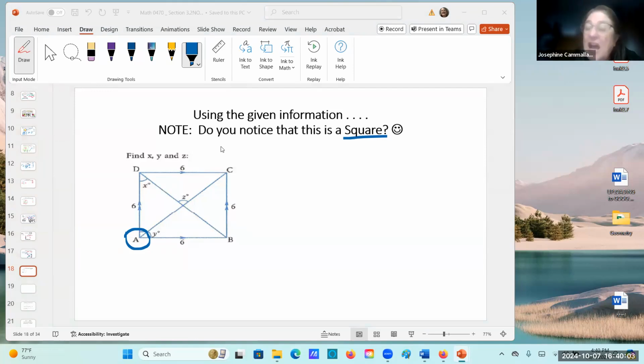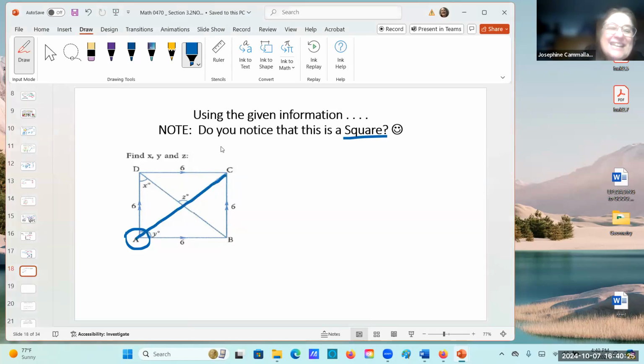The diagonals are equal. Okay. Now, some people say this is a little trouble. Well, it can't be. This diagonal is bisecting the angle. So y is 45 degrees.